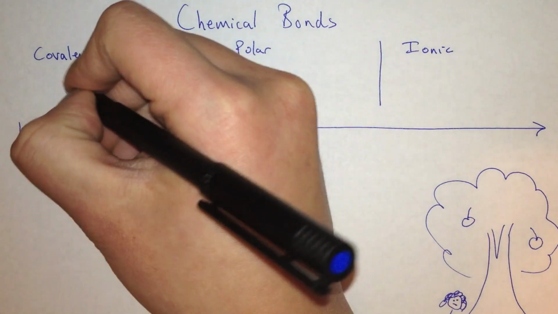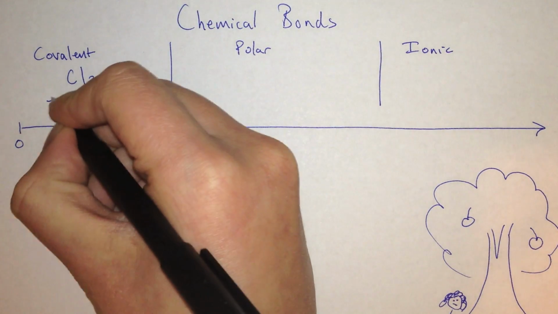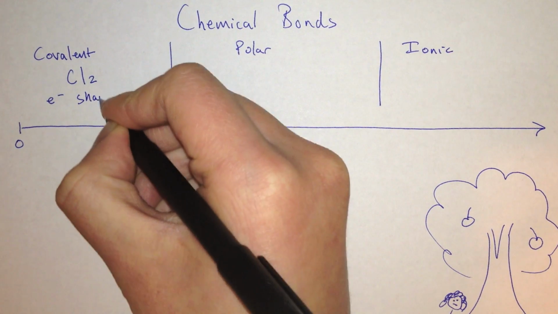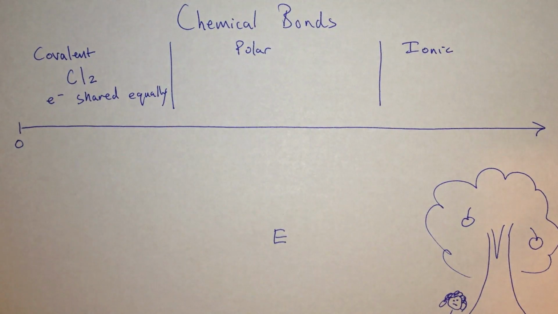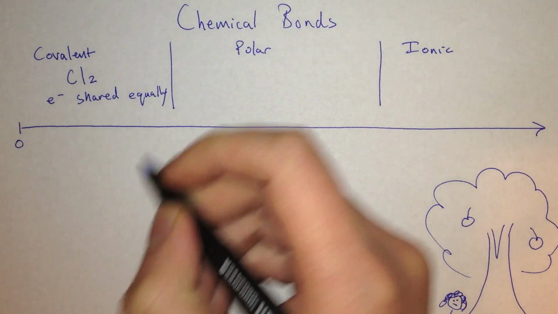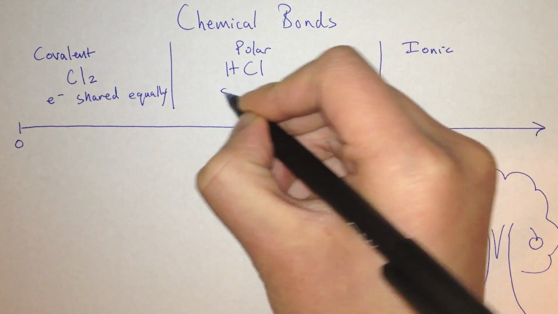Each one is different. In a covalent bond, for example Cl2, the electrons are shared equally. In a polar covalent bond, the electrons are shared unequally, for example HCl.